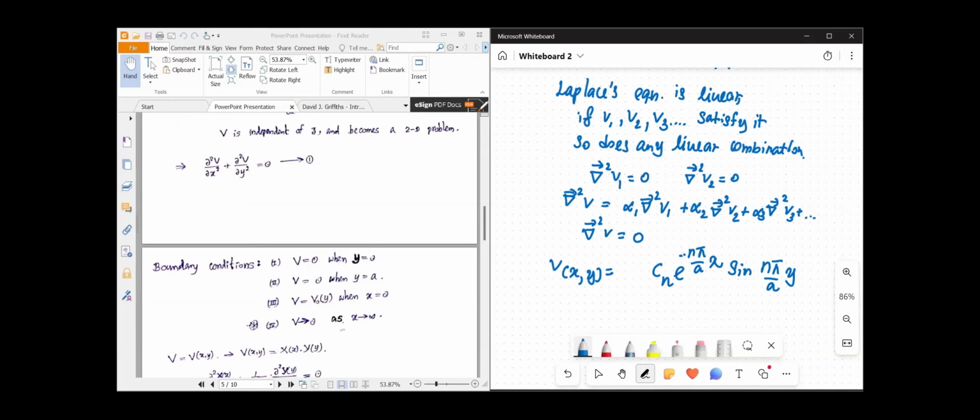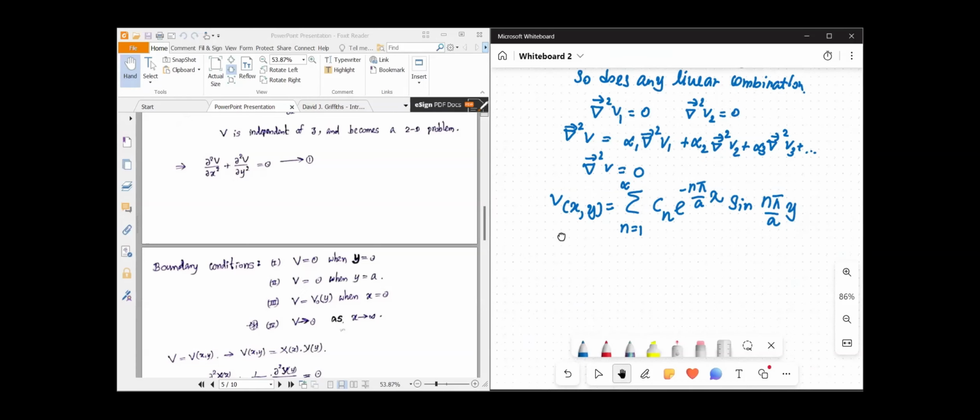Then we need to consider all of these n values, so I'm going to take the summation of these potential functions, with n going from 1 to infinity. This is going to be the general solution for the potential that we are looking for.